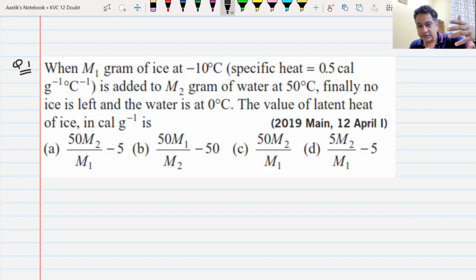If in the first session a question comes from a particular topic, please mark my words, in all the sessions the question will come from that particular topic. I hope you have noted it down.